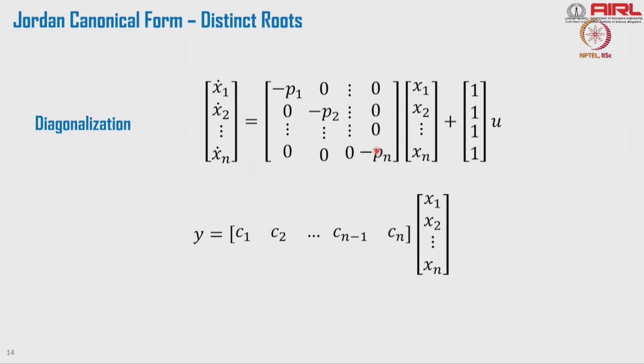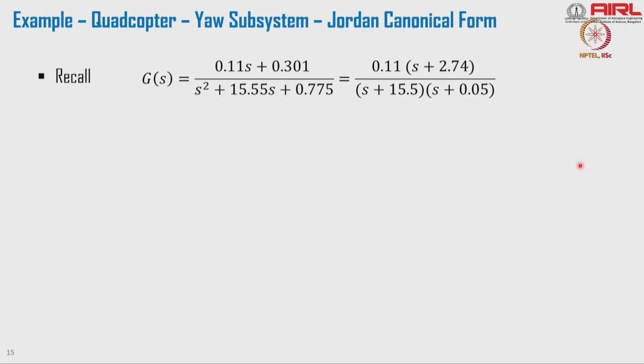So if you have one pole at 0, then you know it's marginally stable. If you have more than one pole located on the imaginary axis, you can say that the system is unstable. This form, just by looking at the representation, we can comment on the stability of the system, right? And y will be C1, C2, Cn, and that's how you represent your Jordan canonical form if you have distinct roots. Okay.